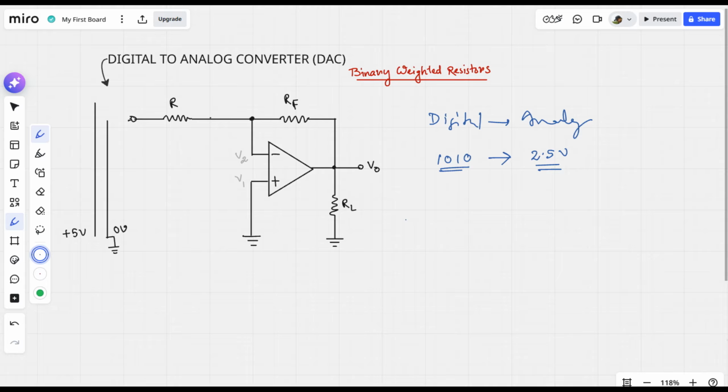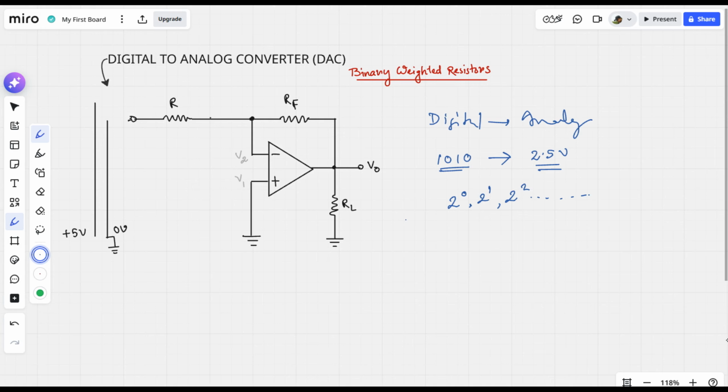To understand the DAC circuit based on binary weighted resistors, the name itself tells us something important. Each resistor value is weighted according to 2 to the power 0, 2 to the power 1, 2 to the power 2, and so on. That means every digital bit contributes differently to the output.